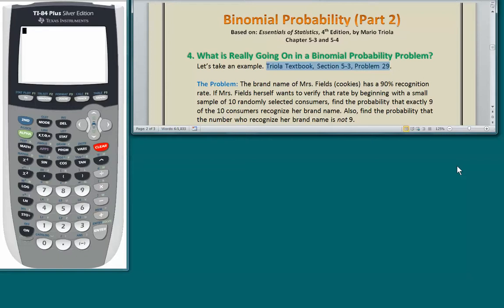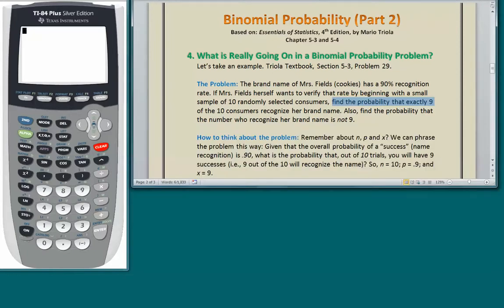So if she wants to verify that rate by beginning with a small sample of 10 randomly selected consumers, she's going to go talk to 10 consumers chosen at random. Find the probability that exactly 9 of those 10 consumers recognize her brand name. Also, find the probability that the number who recognize her brand name is not 9.